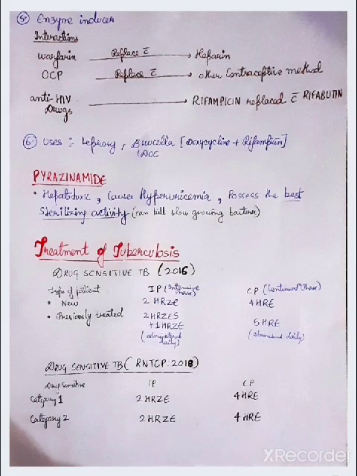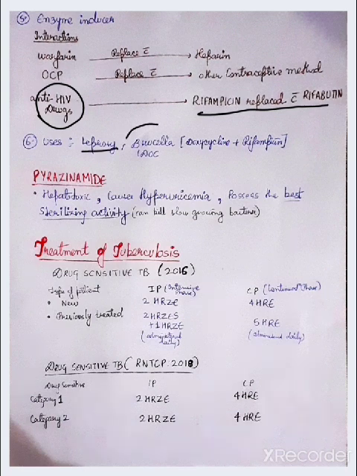Fifth, rifampicin is an enzyme inducer, so for interactions: warfarin is replaced with heparin, oral contraceptive pills are replaced with other contraceptive methods, and for anti-HIV drugs, rifampicin is replaced with rifabutin. Uses of rifampicin are leprosy and brucella, in which the drug of choice is rifampicin. In brucella we give doxycycline plus rifampicin.